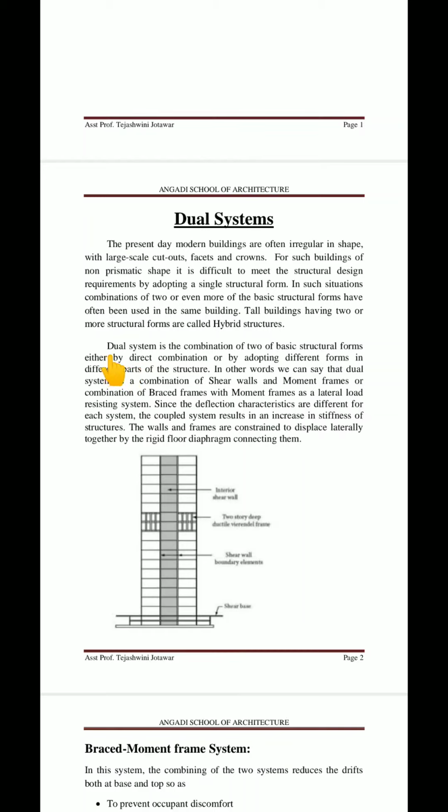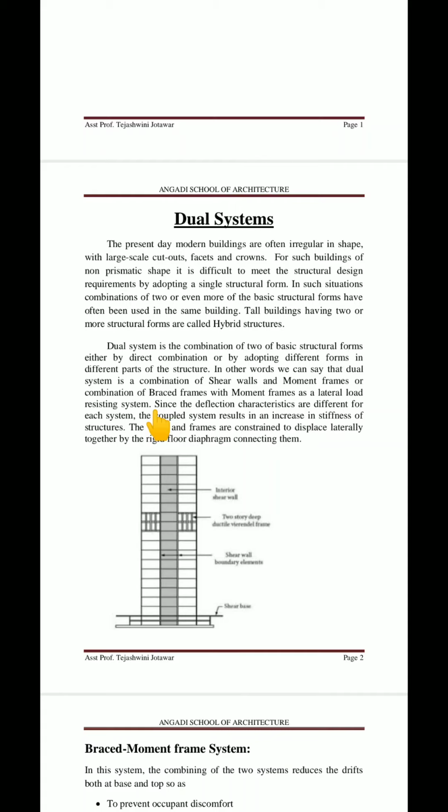If I combine only two basic structural forms, either by a direct combination or by adopting different forms in different parts of a structure, then I can call it a dual system. In other words, I can also define a dual system as a combination of shear walls with moment frames, or a combination of braced frames with moment frames, as a lateral load resisting system.